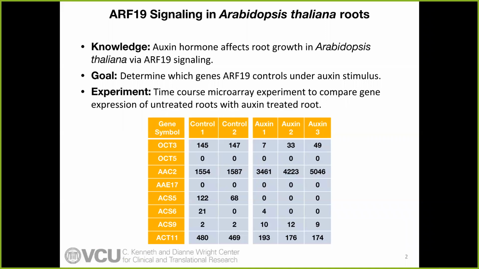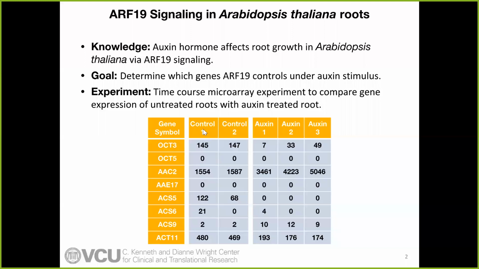It's known that the auxin hormone affects growth through ARF19. So we wanted to figure out what genes ARF19 was actually controlling. So we knocked ARF19 expression out and wanted to see how the gene expression program was changed.